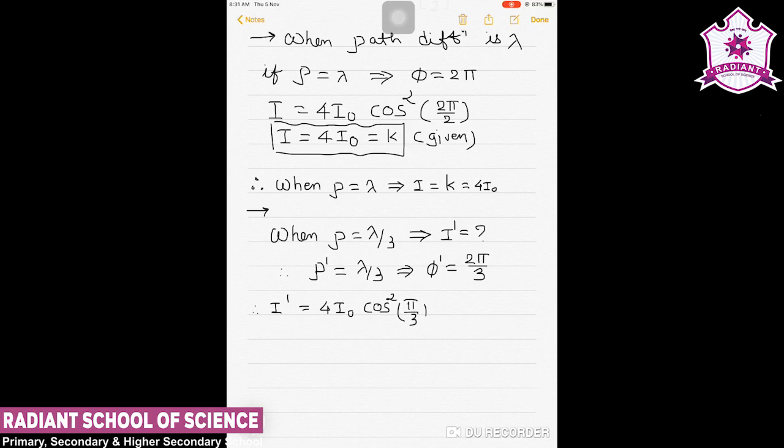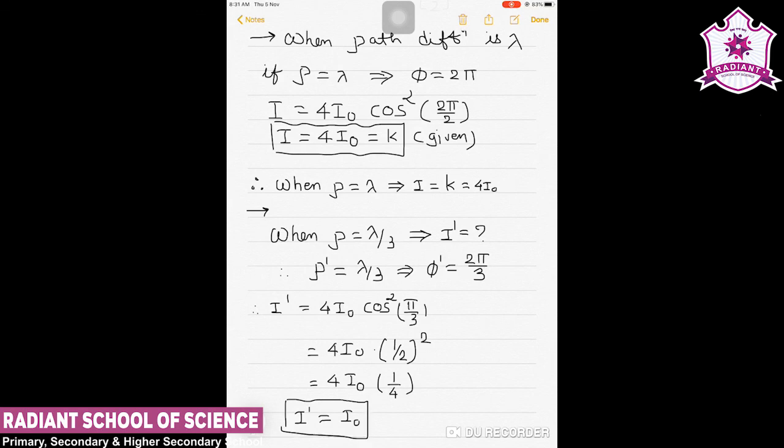So it will be 4I0 into, cos pi by 3 is 1 by 2, so it is 1 by 2 square, that is 4I0 into 1 by 4, that will be ultimately I0. So here I dash is equal to I0.